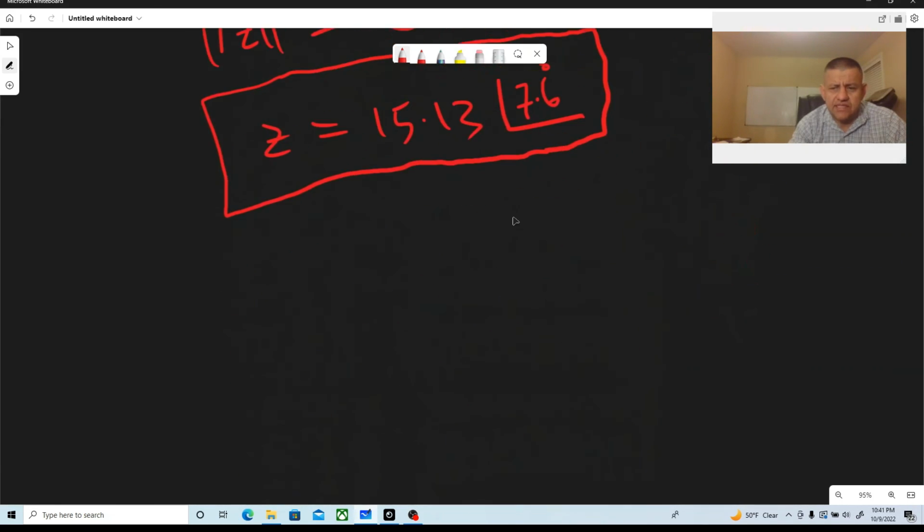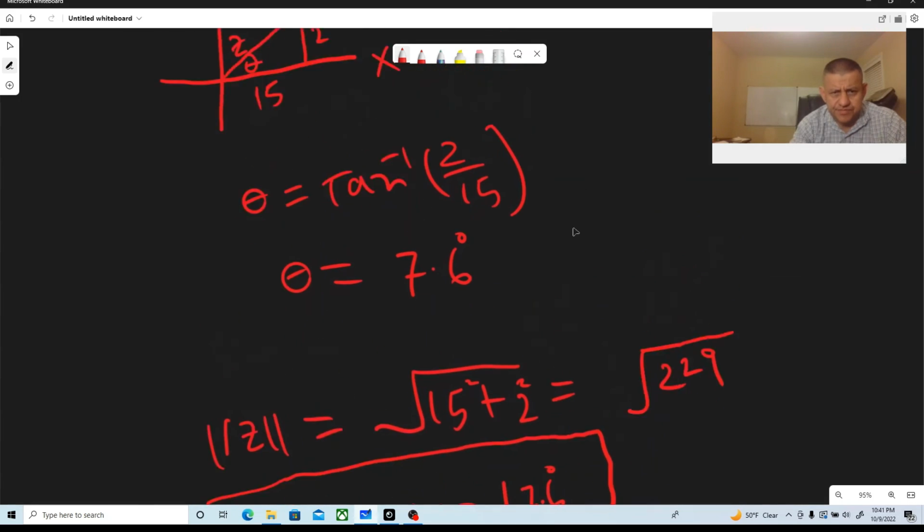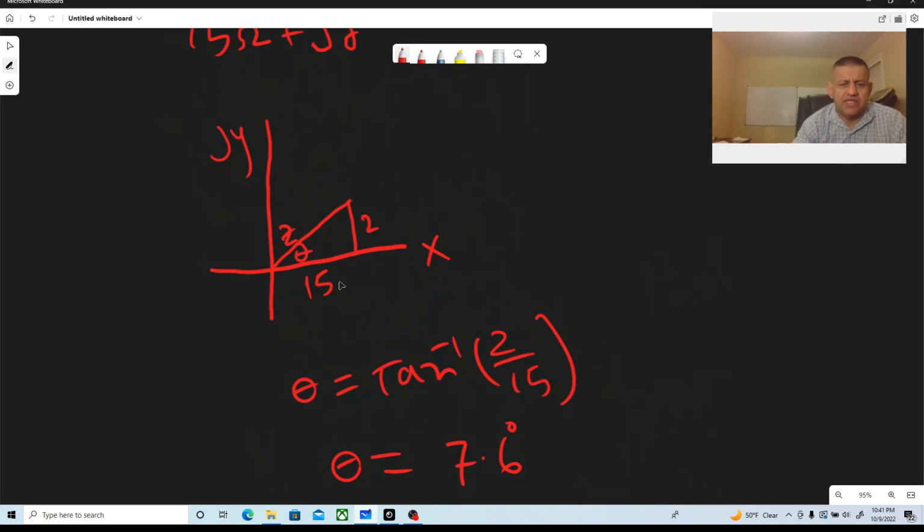Just to make sure we understand what we're doing, when we're doing polar, we go counterclockwise in that angle, right?